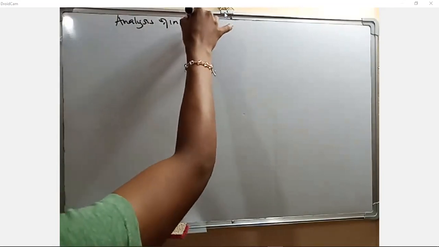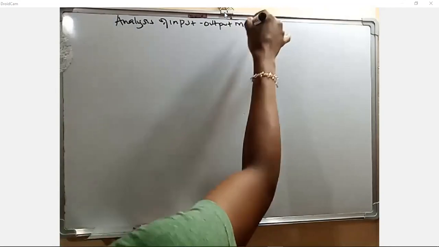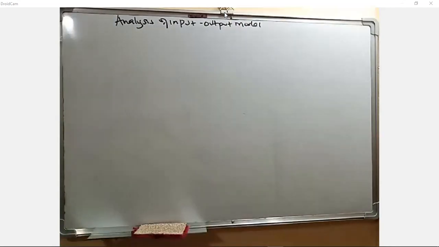When we look at this analysis, we have to understand that there are some assumptions. We say all input in an economy emerges as output. That is, the total input will be equal to the total output.